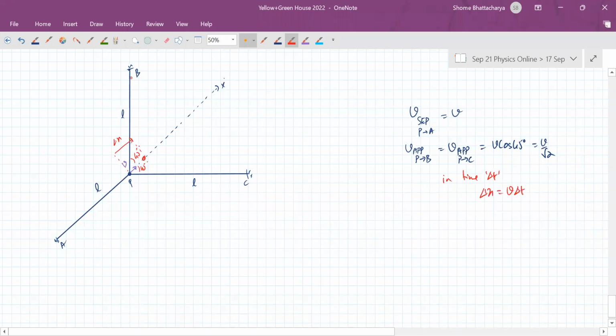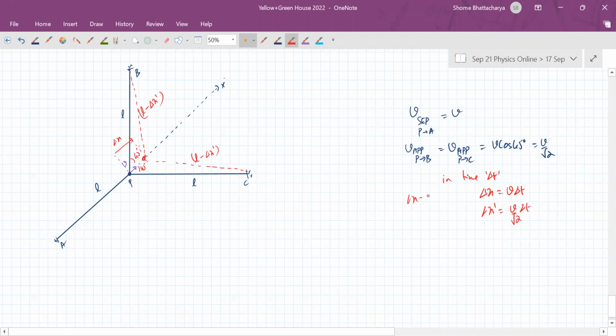But during that time, this length and this length will each change by a smaller amount because the component of velocity in that direction is lesser now. So this length would have changed to L minus delta x prime, let's say, and this would also symmetrically reduce to L minus delta x prime. So this delta x prime would be V by root 2 times delta t.